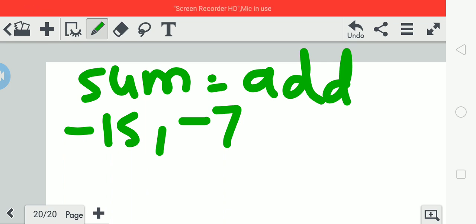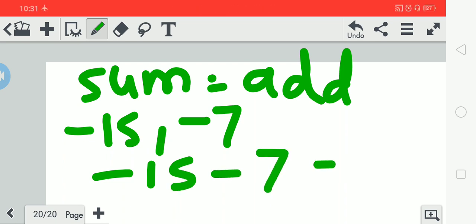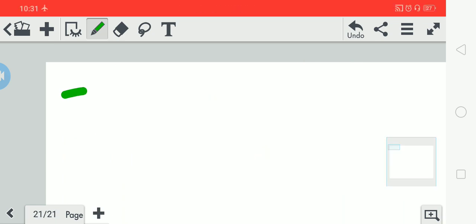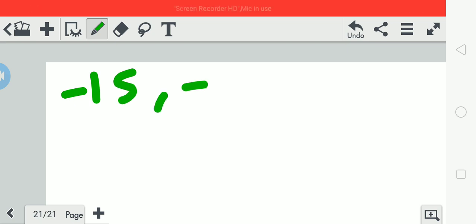How to solve? Minus 15 minus 7 equals, apply rule number second. So 15 and 7, that is 22, and both numbers have the negative sign, so put a negative sign here. So your answer is minus 22. I repeat the same question: the numbers were minus 15 comma minus 7.